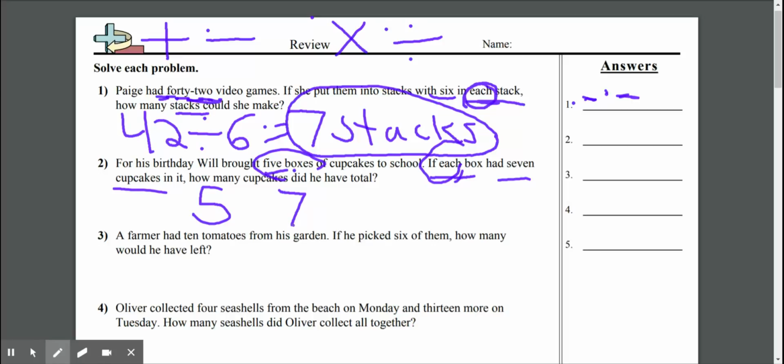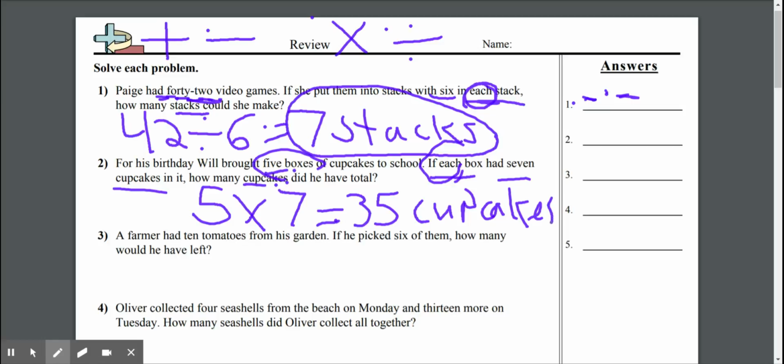So this way, we know that we're looking at something different, and we have to multiply, right? 5 times 7, that would give us 35. Because we know there's 5 boxes, and in every box there's 7 of them, so how many cupcakes will we have? That's going to be part of our labeling, 35 cupcakes.